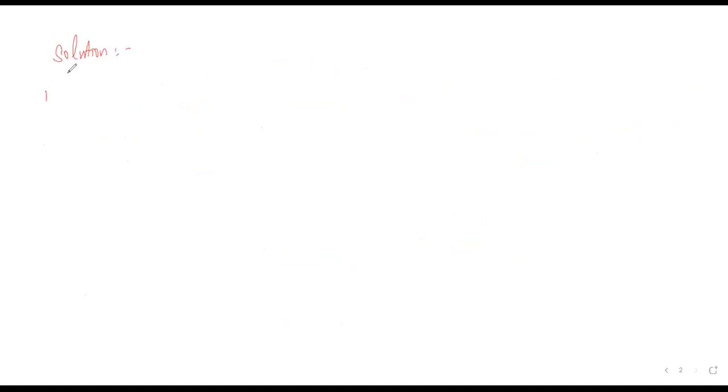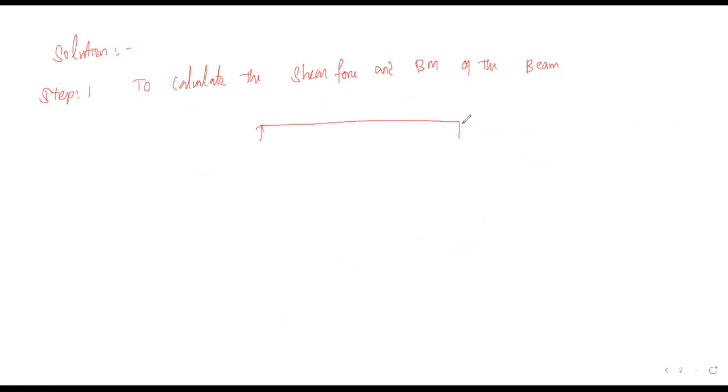Step one is to calculate the shear force and bending moment of the section of the beam. There are two things: one is the UDL and the other one is the central point load.